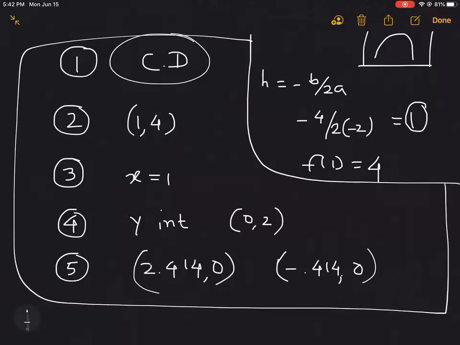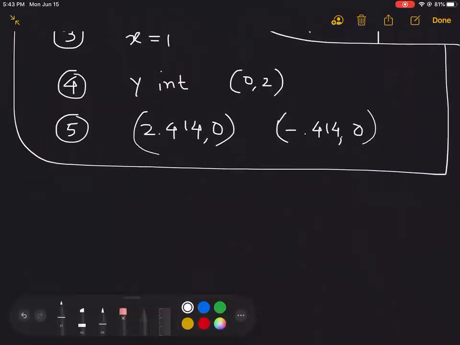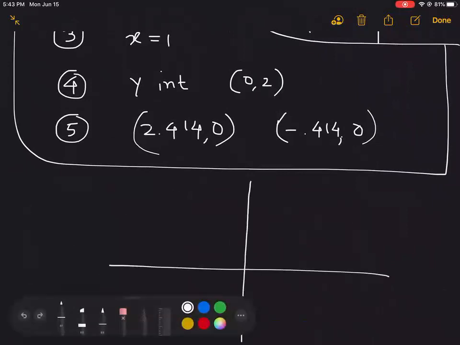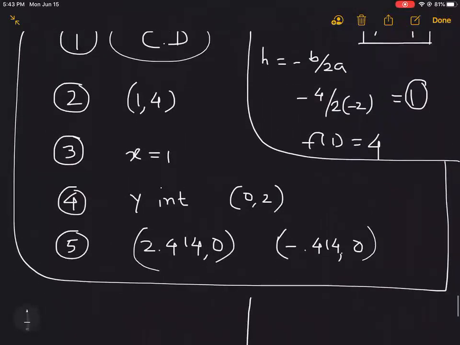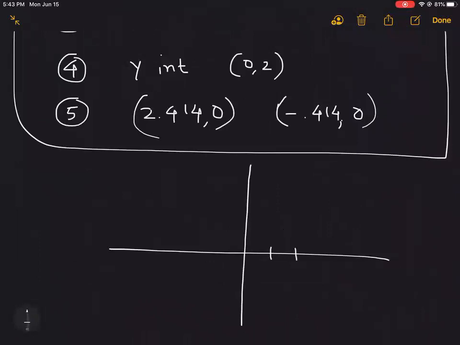Using this, we want to graph it. So first of all, let me use this shorter space and see how we can use this. I know the vertex is at 1, 4. So let's see where is our 1, 4. 1, 2, 3, 4.